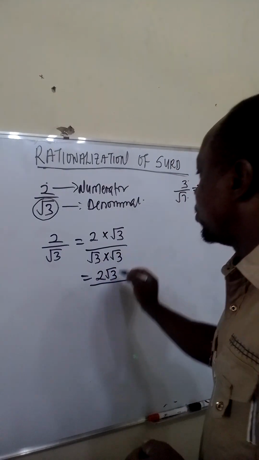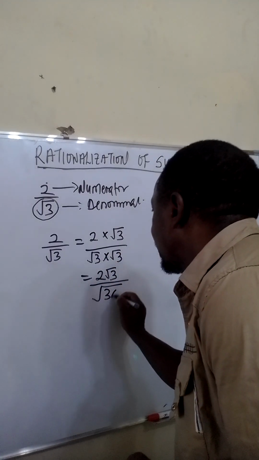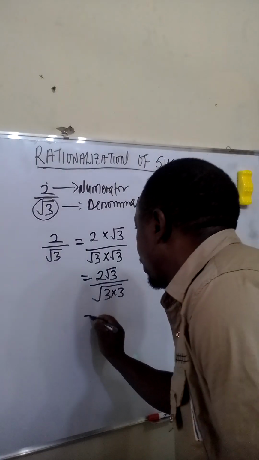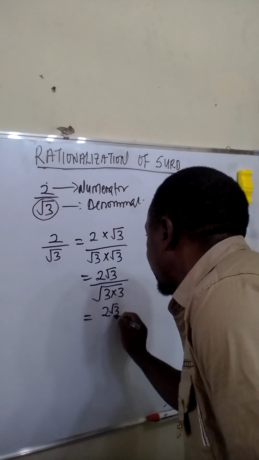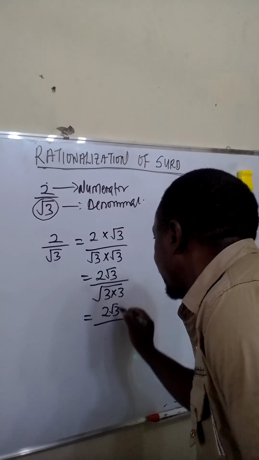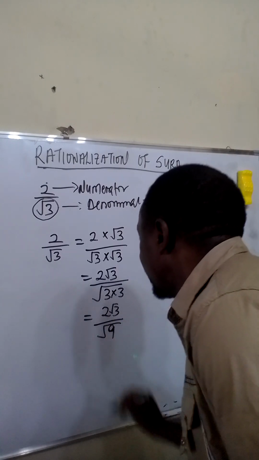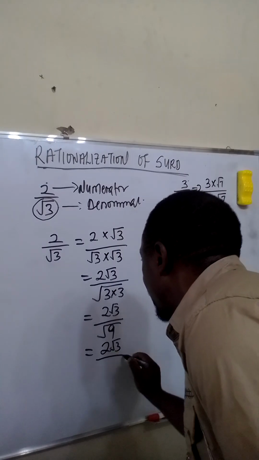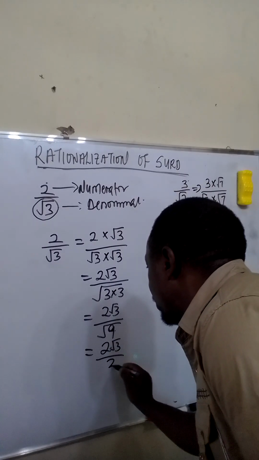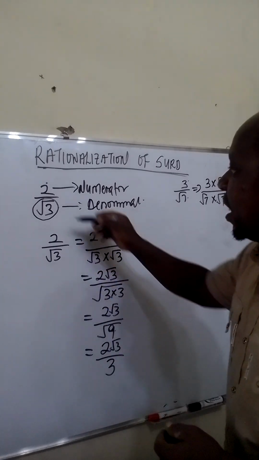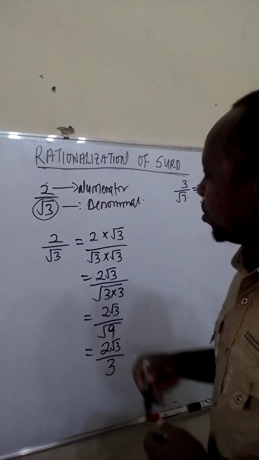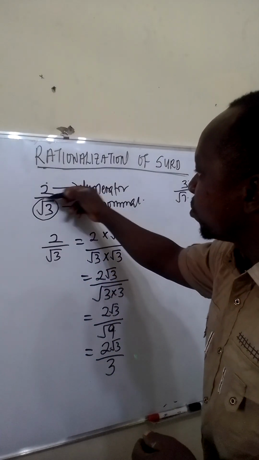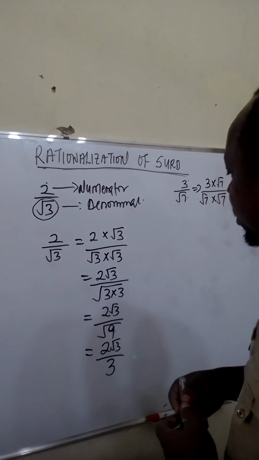Root 3 times root 3 can be expressed as root 9, so we have 2 root 3. Root 3 times root 3 is what? Root 9. This will be the same thing as 2 root 3 over the square root of 9, which is 3. We have rationalized this surd, because we have eliminated the surd at the denominator.